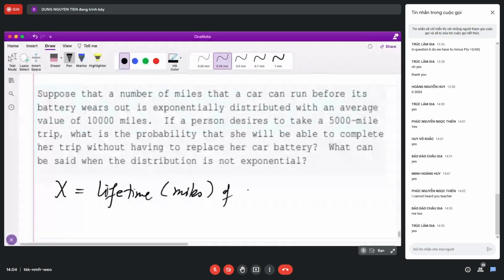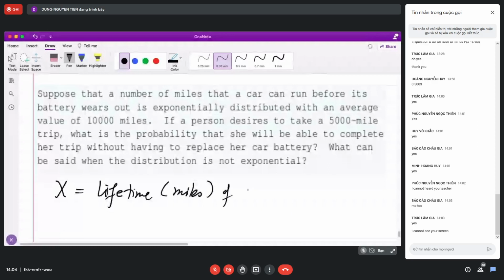So suppose that X is the lifetime in miles of the battery. Then X follows an exponential distribution with the parameter lambda, where the mean of X is 10,000, right? Okay.